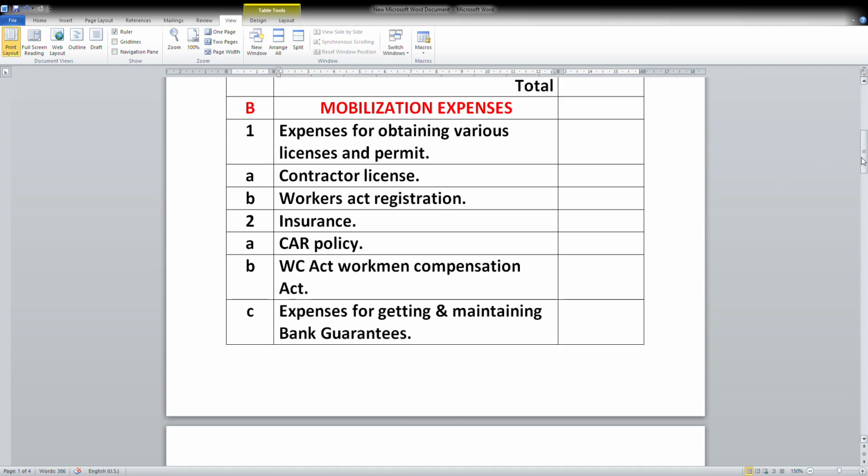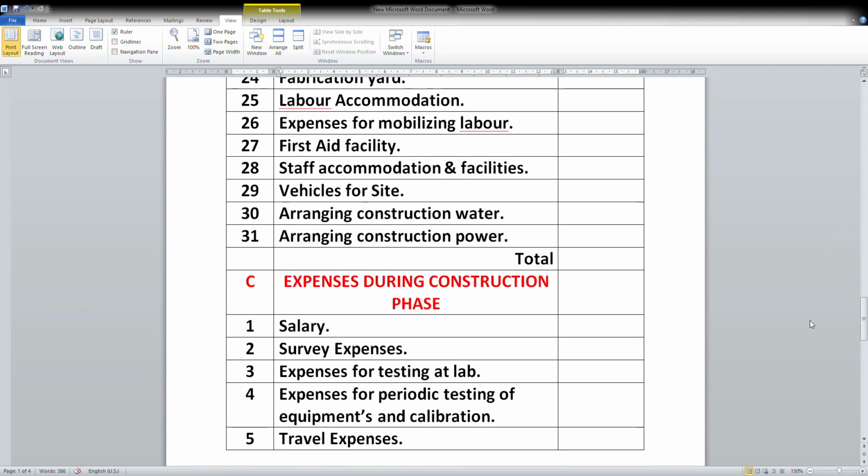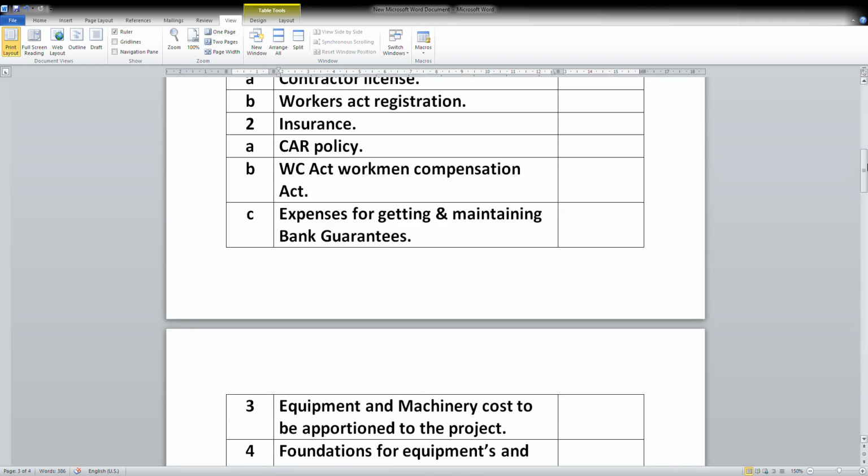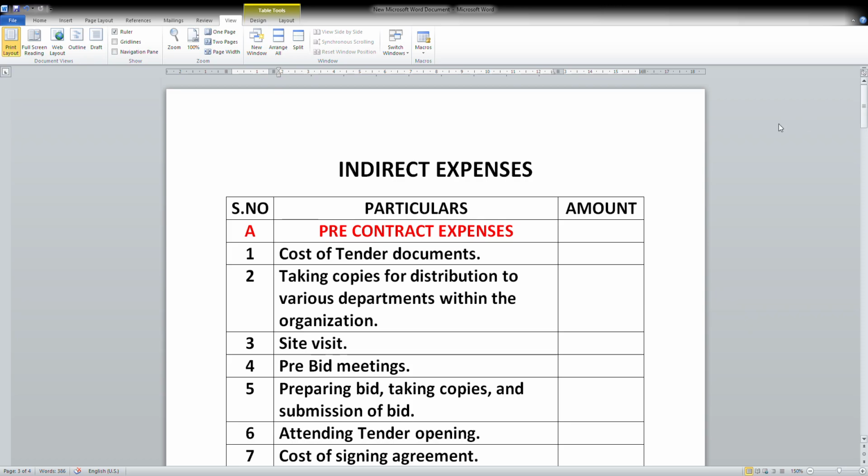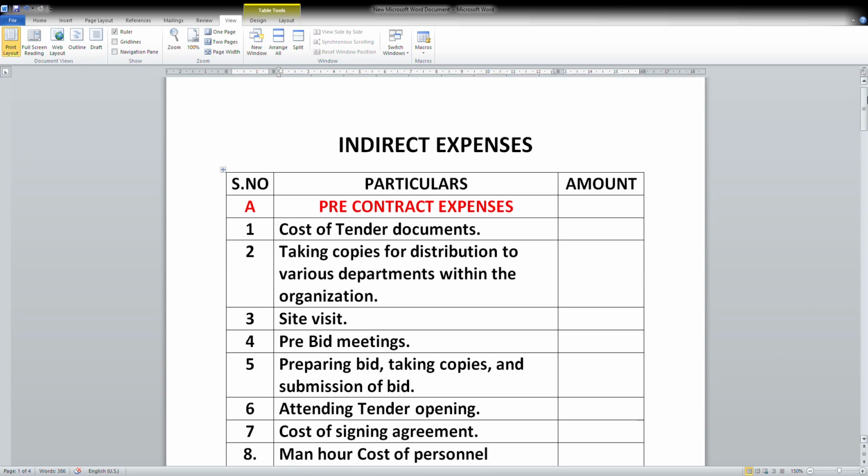And you have expenses during the construction phase. So there are three heads under which different expense details will be there. Of course, it may be applicable for some projects, and it may not be applicable for others. So wherever it is applicable, the cost will be taken.